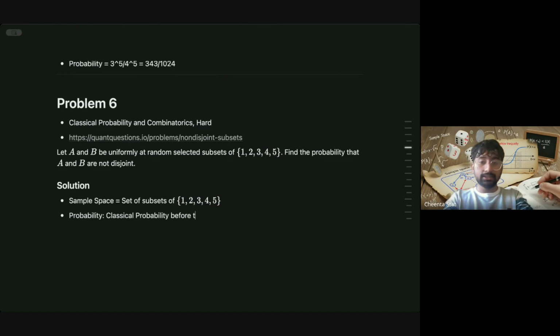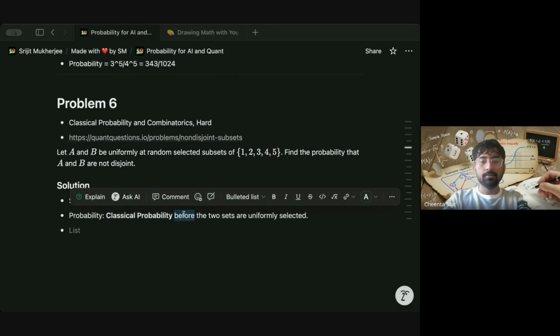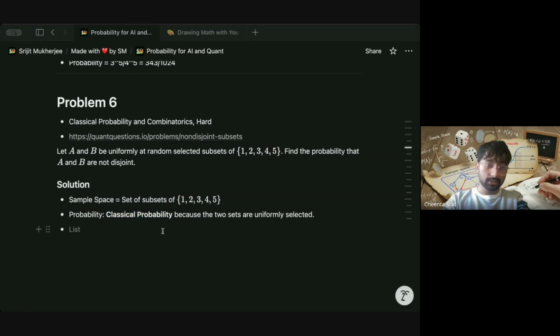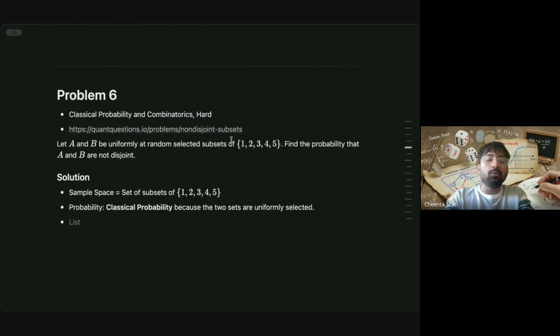The 2 sets are uniformly selected, and there is no condition that B cannot be from the set that A has been selected from. So A and B are selected independently. What is the probability that A and B are not disjoint? We will first try to understand when A and B are disjoint.